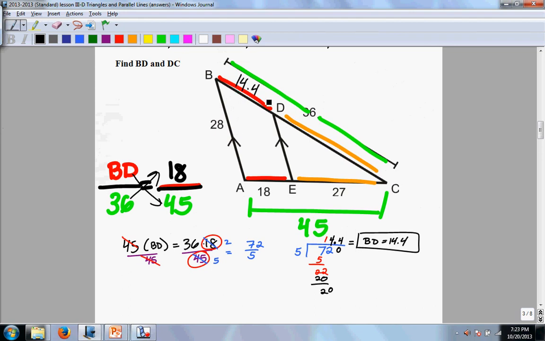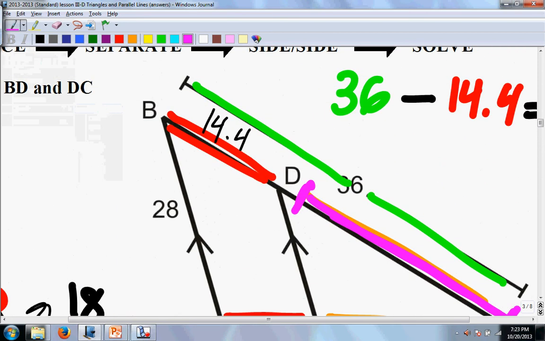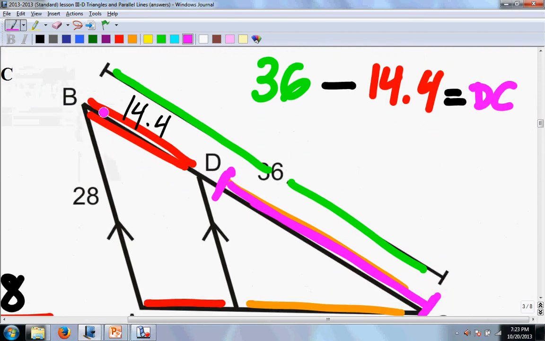Now, we could use a proportion to solve for DC. However, this one is really easy because to solve for DC, if you trace this, you will see that DC is simply going to be 36 minus that 14.4, and that's going to equal our DC. So let's do our math. Once again, longhand without a calculator because you're just smart like that.